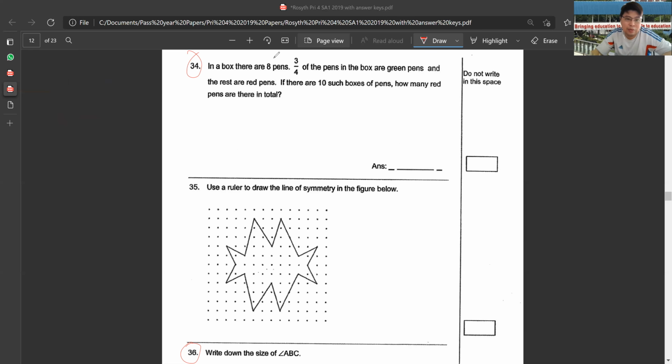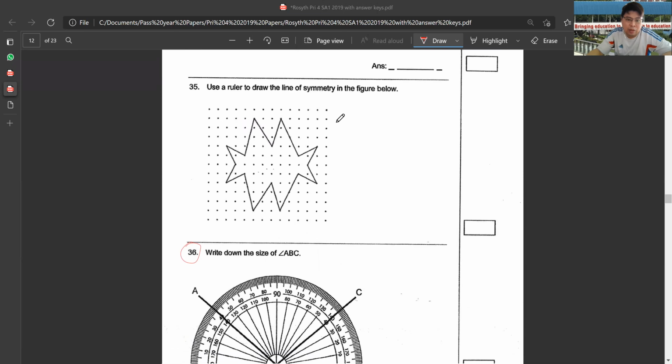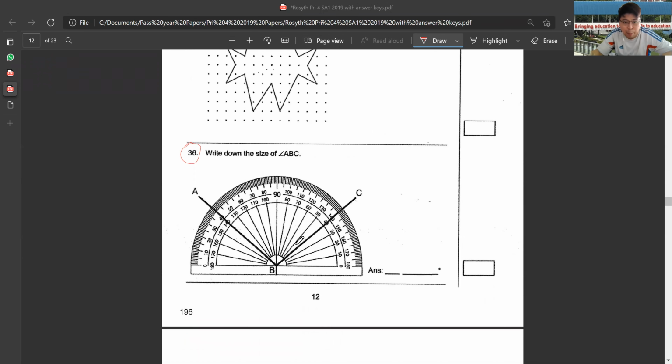Okay, 36, just use a protractor and measure. But hold on, they're asking for the size of ABC. ABC is this angle.